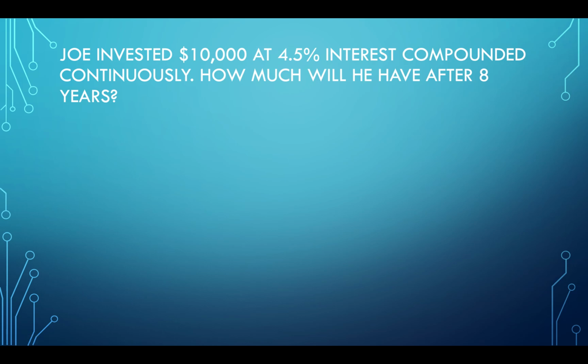In the second problem, if someone invested $10,000 at 4.5% interest compounded continuously, how much will they have after 8 years? Principal is 10,000. Rate is 4.5 or 0.045, and their time is 8. Plug everything into this formula.